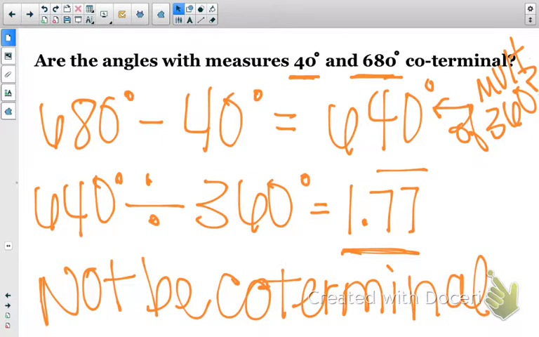This is just hypothetical, but if that came out to be 2, then those two angles would be coterminal. So you always subtract them, and then you divide by 360, and if it comes out as a whole number, then it's coterminal.